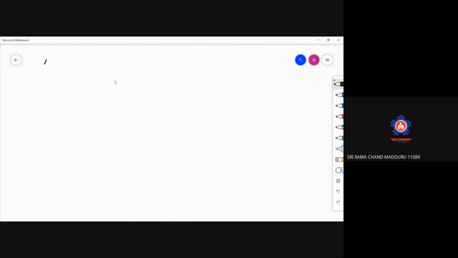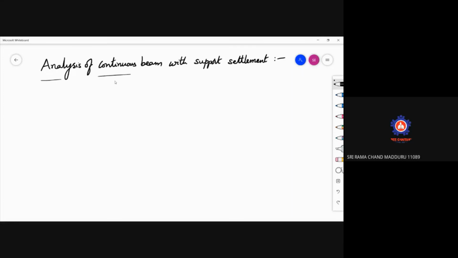Analysis of continuous beam with support settlement.